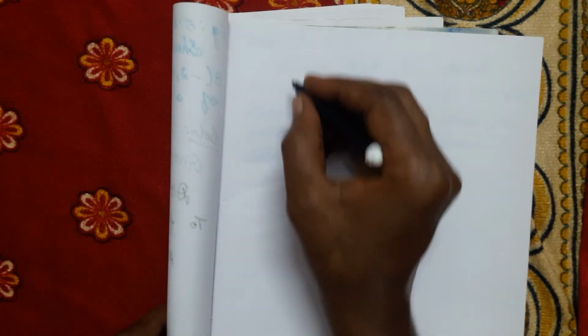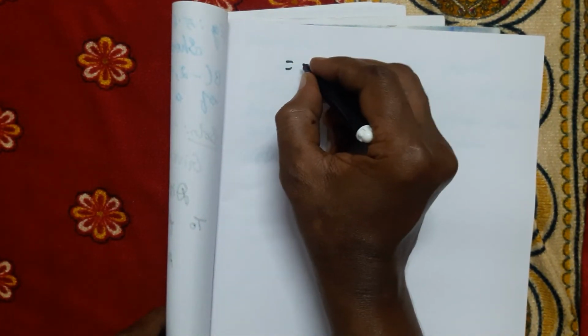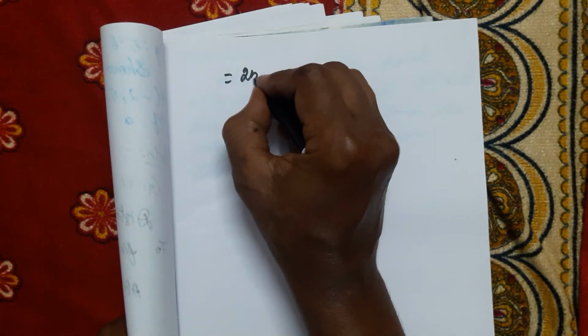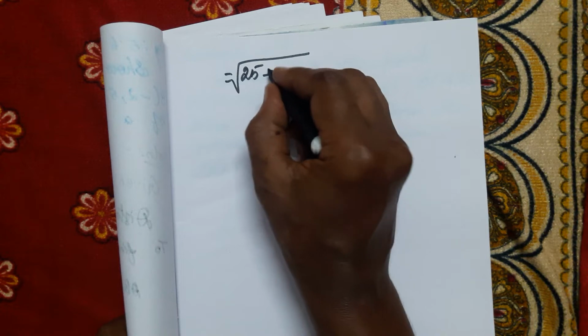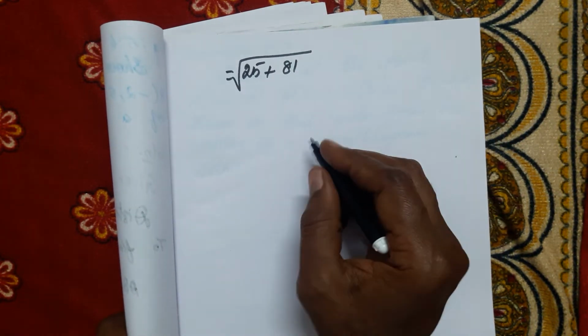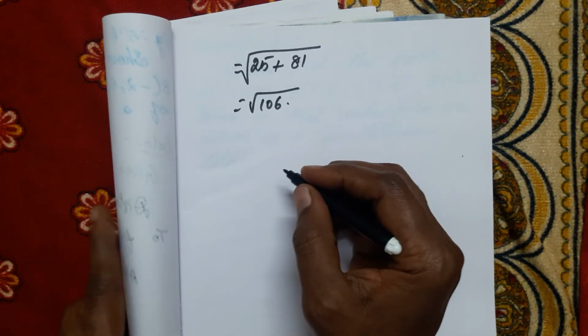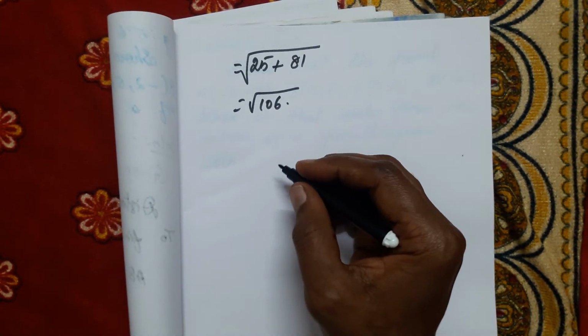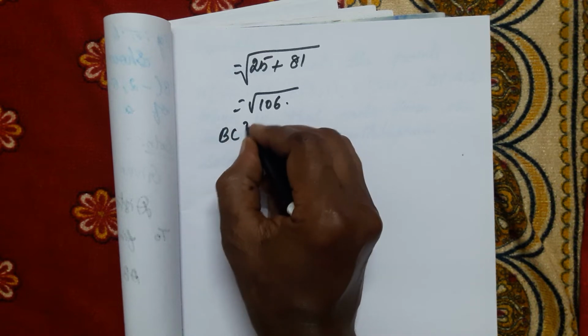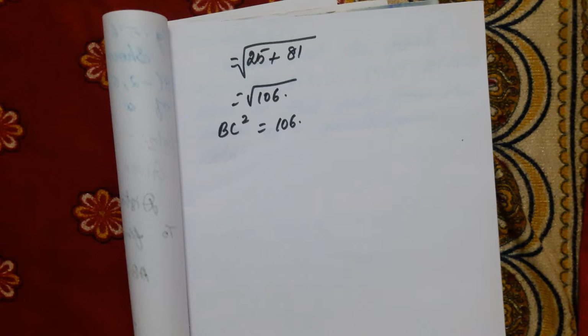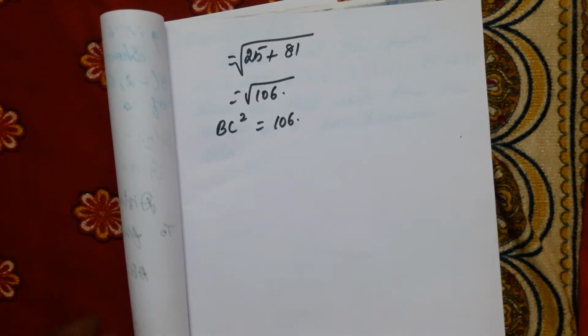Minus 5 the whole square means 5 square means 25. Root of 25 plus (minus 9) the whole square means 81. It's equal to root 106. BC also we are getting root 106. But BC square we want to find out, it's equal to 106. BC square is equal to 106.